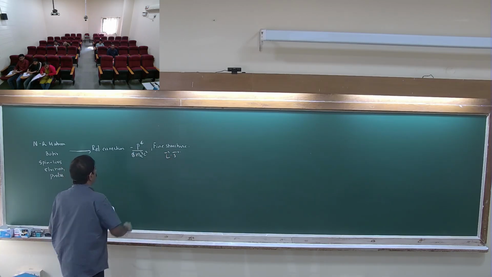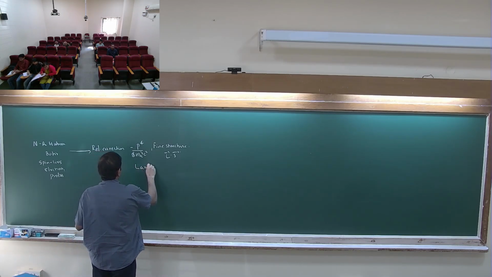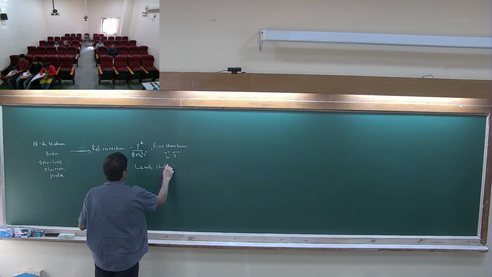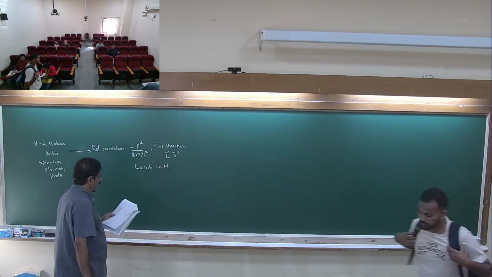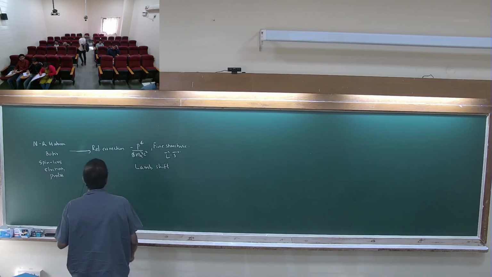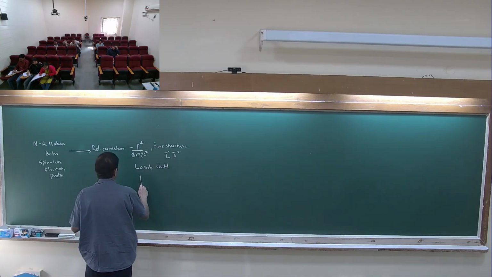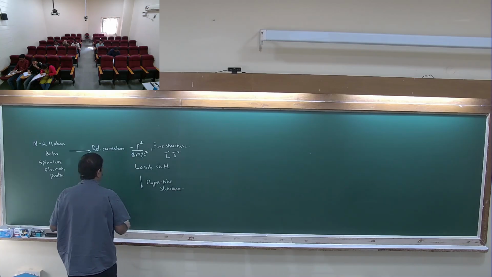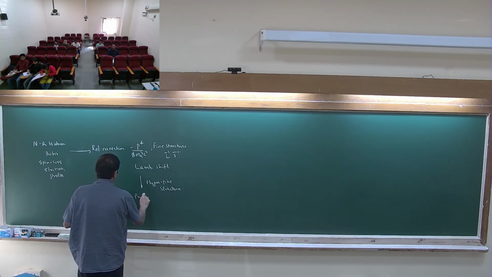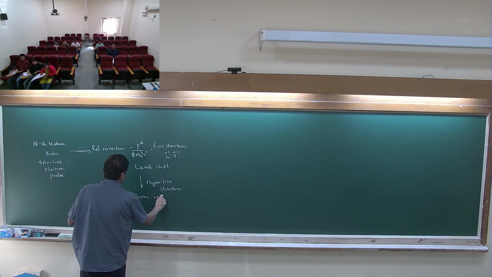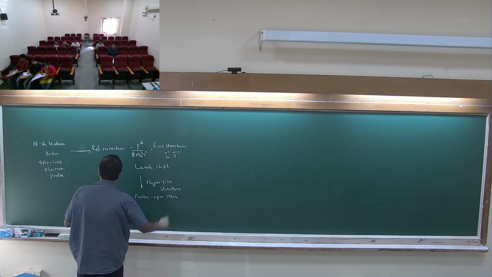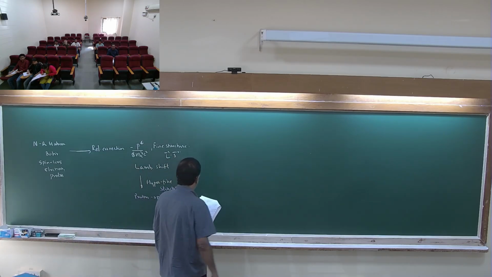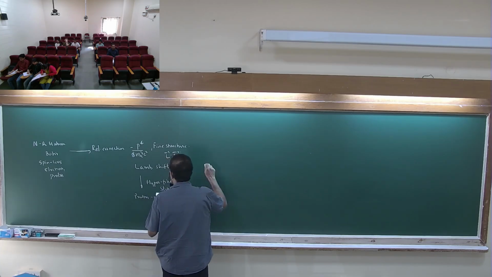And then there is also the famous Lamb shift for some of the levels, which is roughly at this scale. And then finally, after L dot S, you get the hyperfine structure, which is the coupling of the proton spin also. So that is where we were, and then we need to see many things.